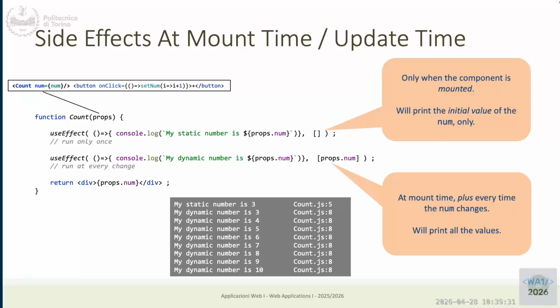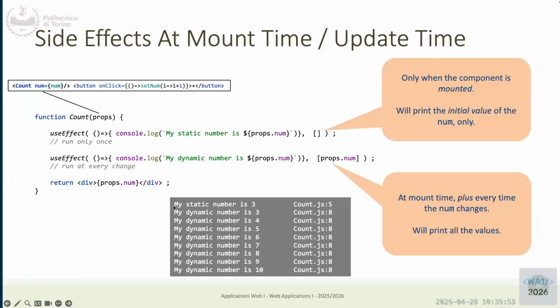Okay, so what you see when you run this is that the first effect is only run once with the initial value of the number, and then the second effect is run at the beginning. So at the beginning, the rule is always all effects are run, both the initializing effects and the update effects.